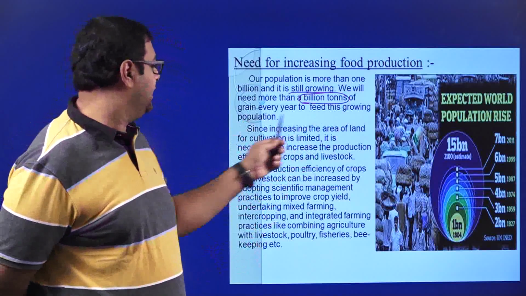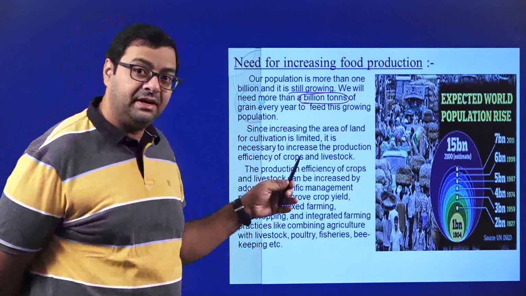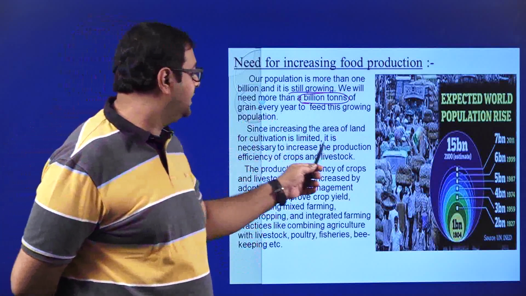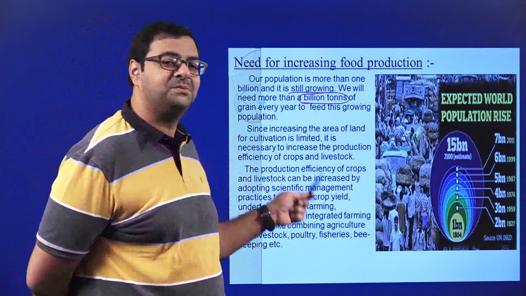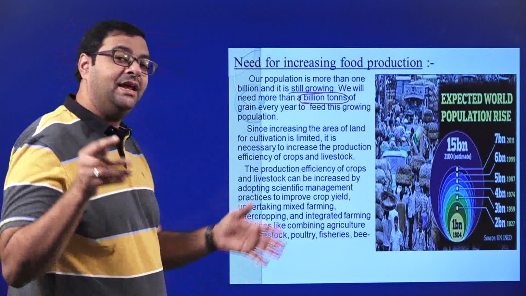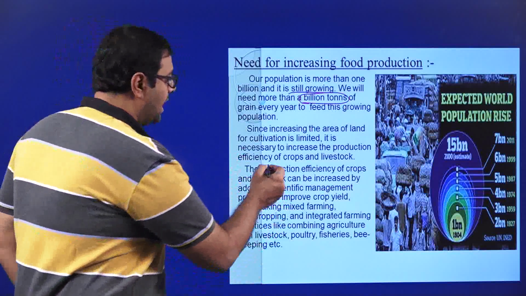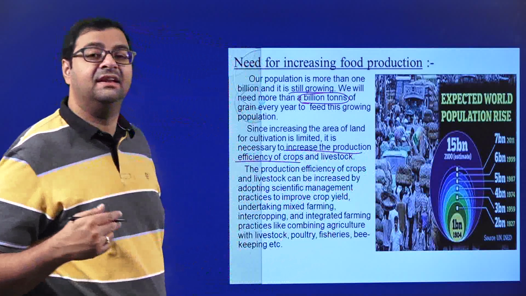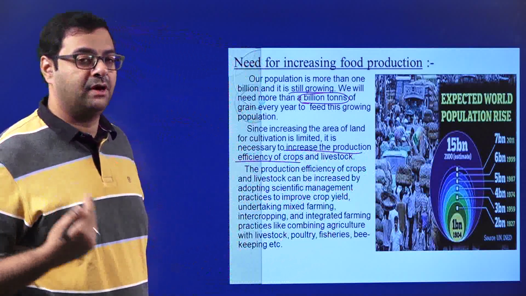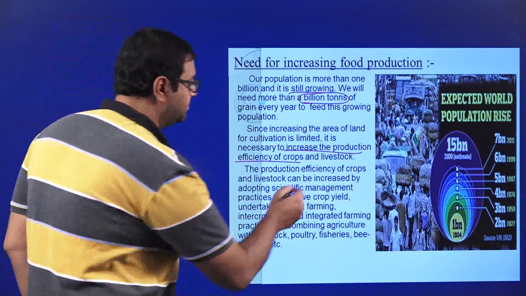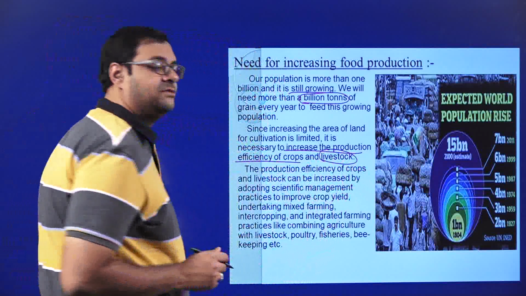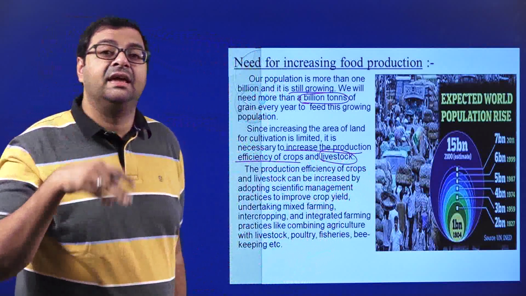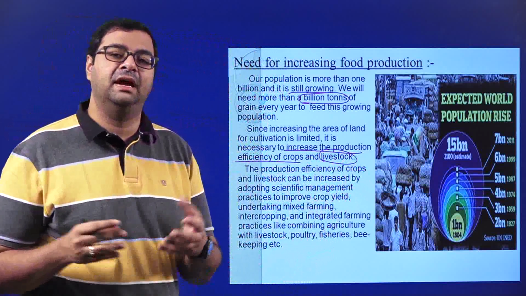Since increasing the area of land for cultivation is limited, it is necessary to increase the production efficiency of crops and livestock. So in a given area, how can we increase the production? How can we increase the efficiency, not only in crops but also in livestock? For example, cattle breeding, getting milk from cows.